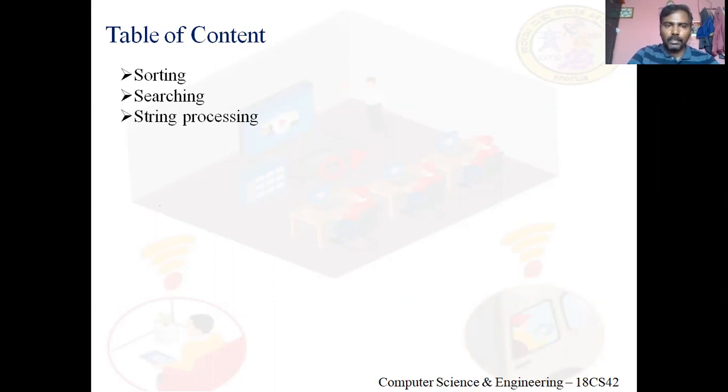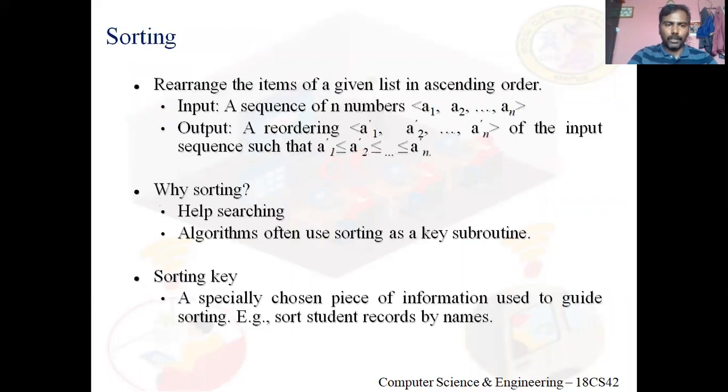You are given some set of numbers or characters or strings, and you need to arrange them either in ascending order or in descending order. Whatever the order may be, given a set of inputs, you need to rearrange them in an order, either ascending or descending. That we call sorting.